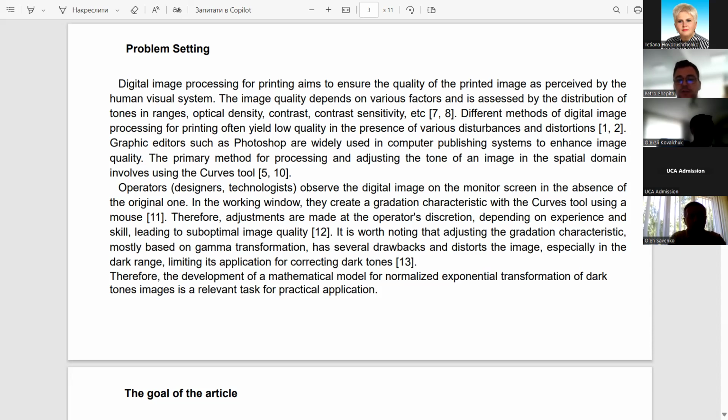Operators observe the digital image on the monitor screen in the absence of the original one. In the working window, they create a gradation characteristic with the curves tool using a mouse and other tools which we have in the printing machine.